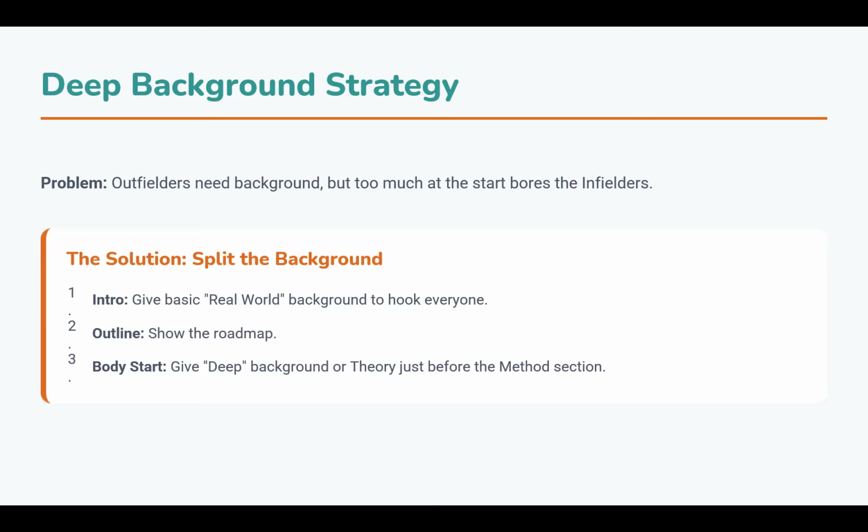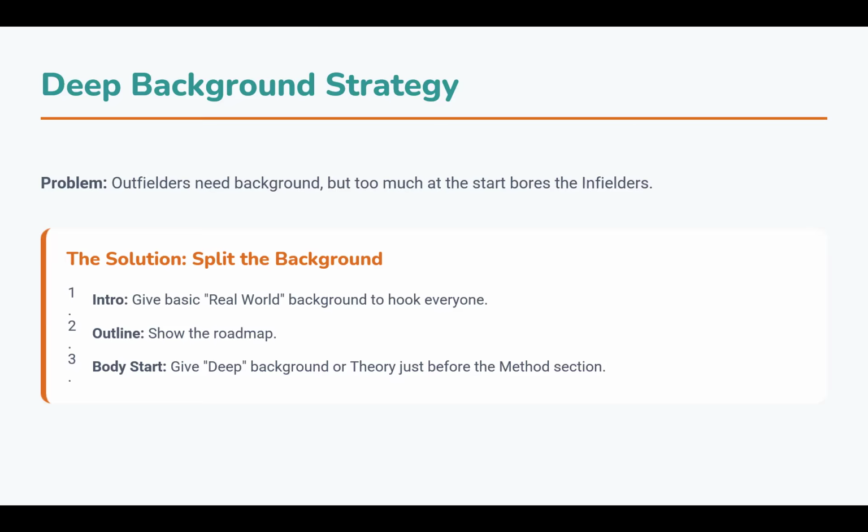The solution is to split the background. How? Give a basic real world background, which is a hook that appeals to everyone. That is in the intro. And in the outline, you show the roadmap so that even the infielders and the outfielders know where you are moving from.